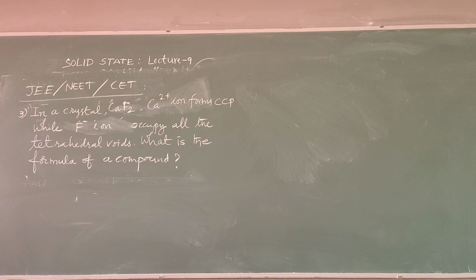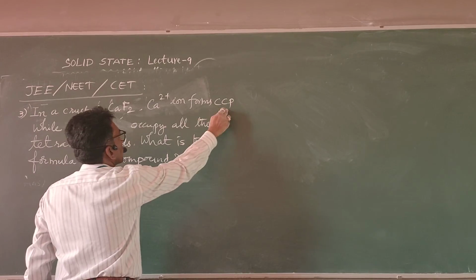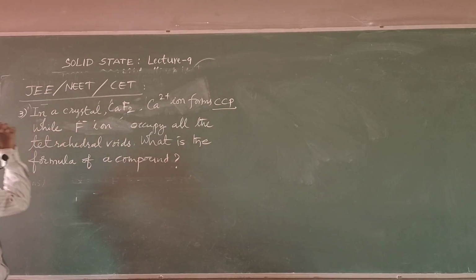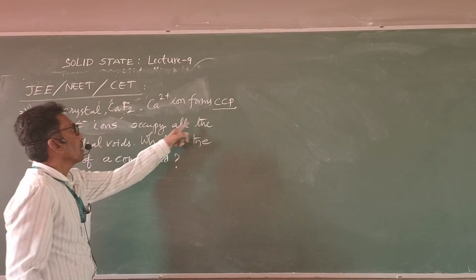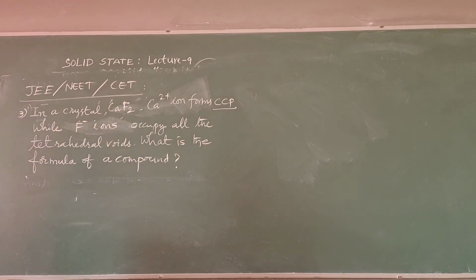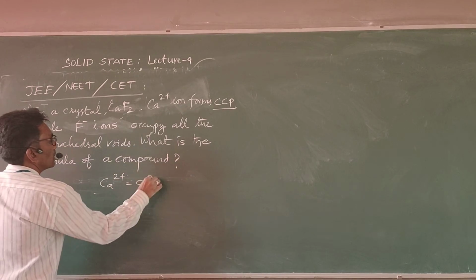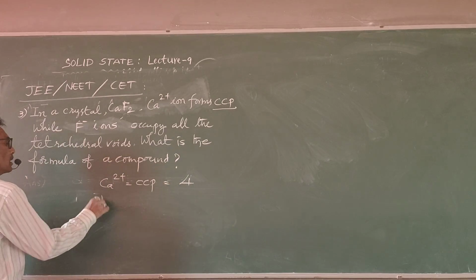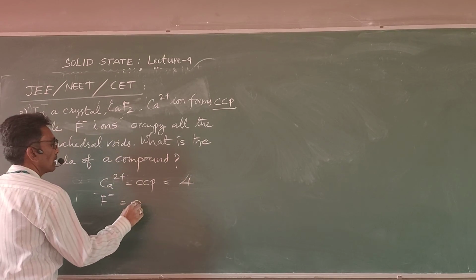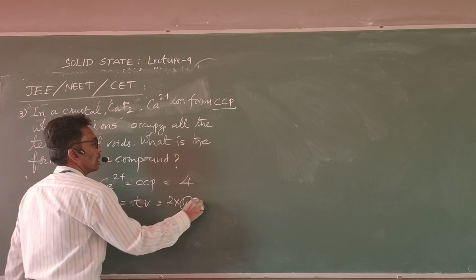Observe, students: in a crystal CaF2, calcium Ca2+ ions form cubic close packing, that is FCC, while F- ions occupy all the tetrahedral voids. What is the formula of the compound? As Ca2+ is CCP, that is 4 particles. Next, F- at tetrahedral voids, that is 2 into 4, 8.